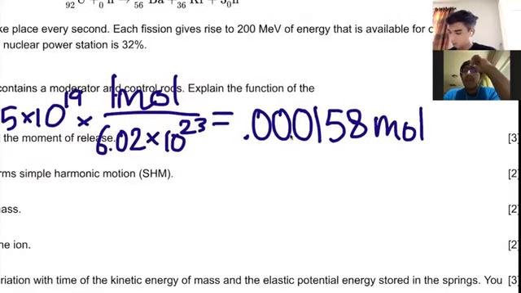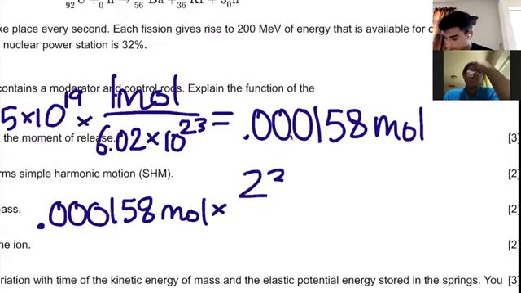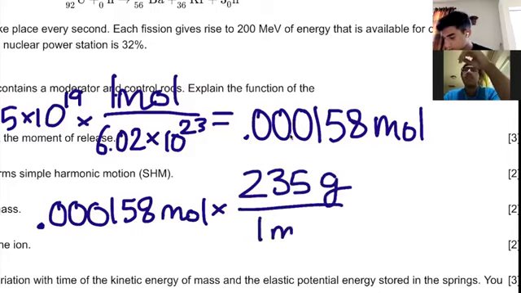And then we convert that to grams by using the molar mass: 0.000158 moles times 235 grams per mole. The moles cancel out.